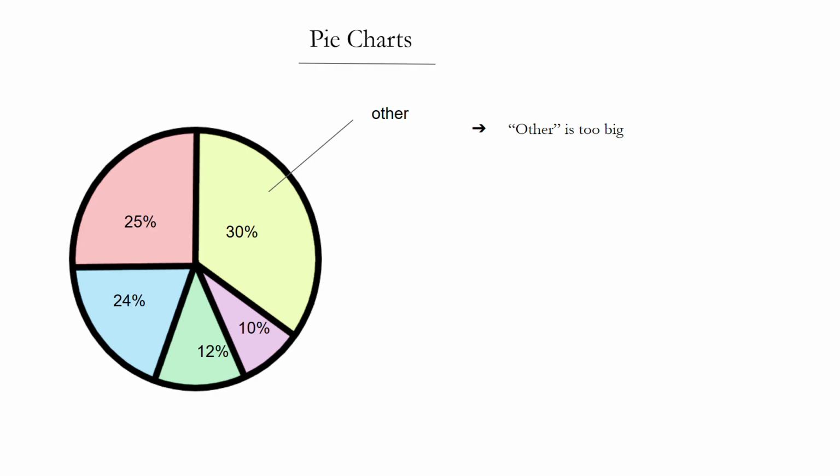There's an other section in a pie chart because there's too much information for the pie chart to display. So instead of displaying all information, it only displays the important ones, and all the rest of the information is put together as an other section. But when the other section is this big, the biggest part of the whole pie chart, that means there's possibly valuable information in this other section that should also be displayed. That's why the other section should not be too big.